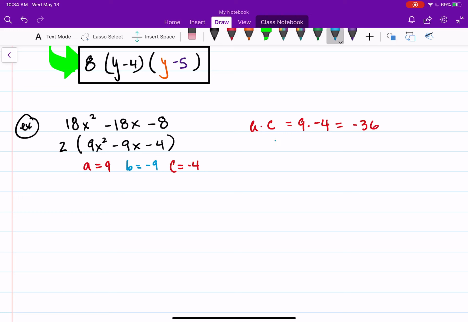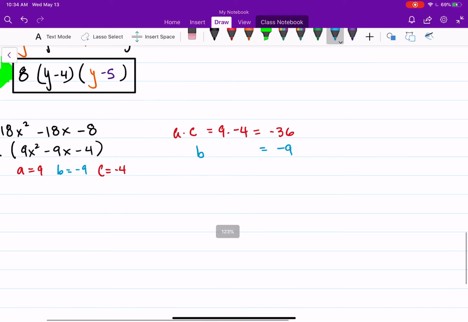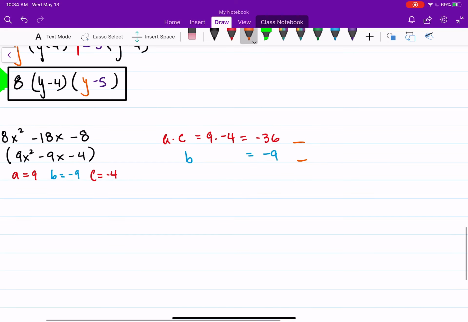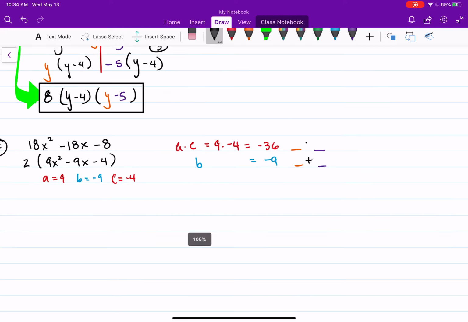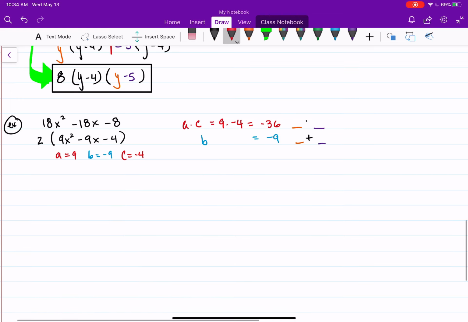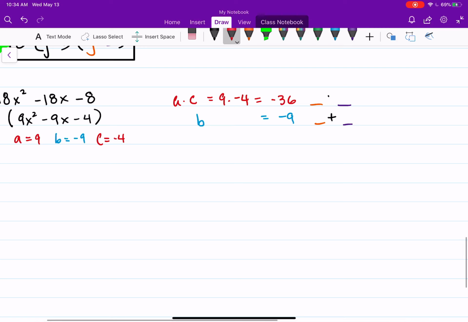My B is equal to negative 9. So I'm trying to find 2 numbers. What 2 numbers are they?